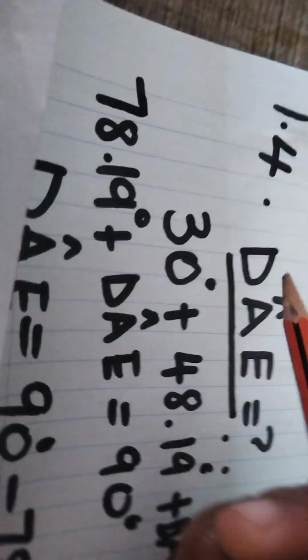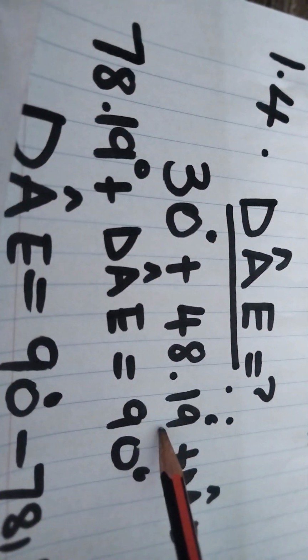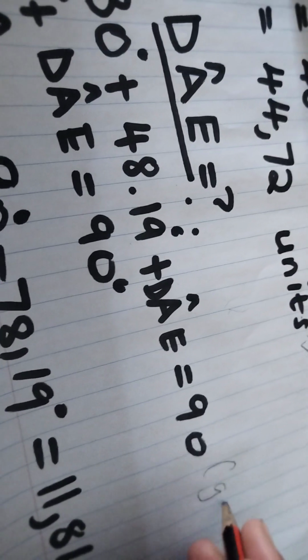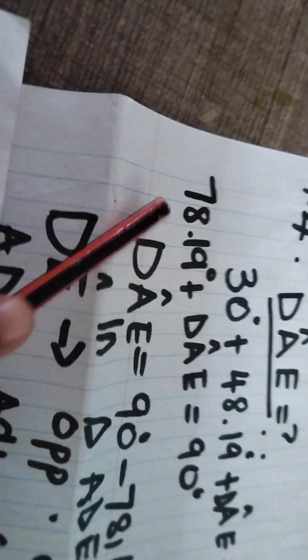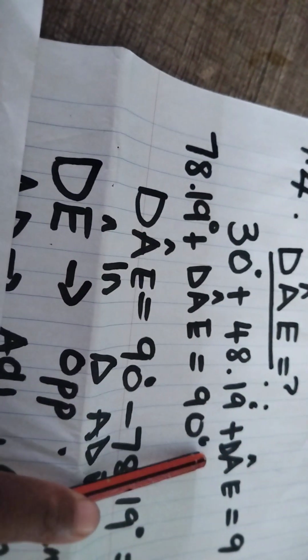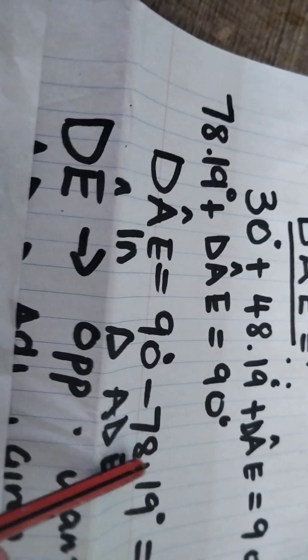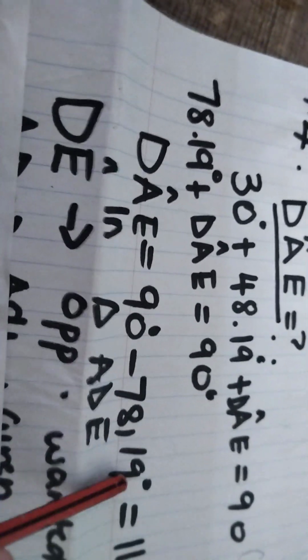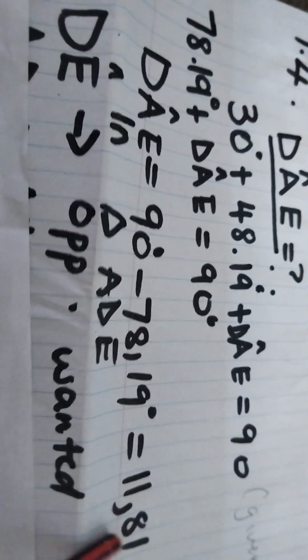We said 30 plus 48,19 plus DAE is 90, because we are given that. Then add this one: 78,19 plus this one is equal to 90. Taking this to the other side, we say 90 minus 78,19, which gives us 11,81.